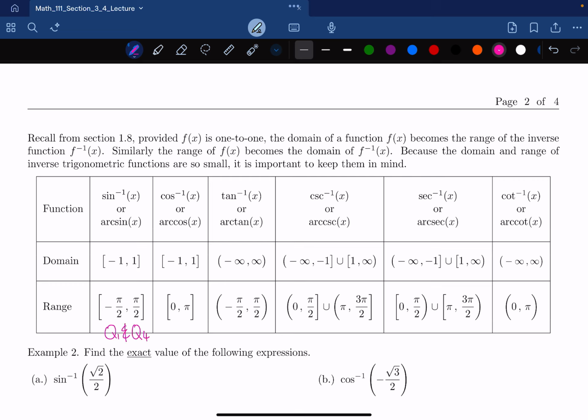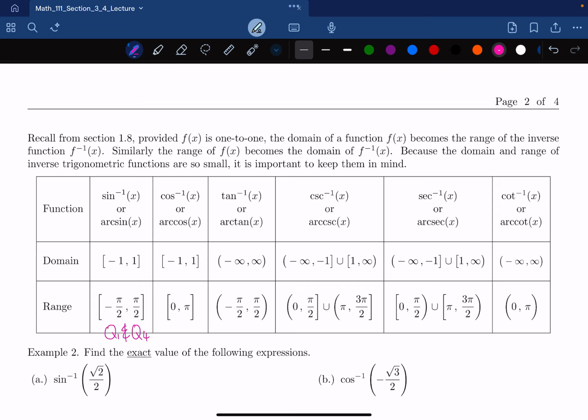The reason for that is because negative pi over 2 to 0 is quadrant 4, and 0 to pi over 2 is quadrant 1. So this really just gives you a range from quadrant 1 to quadrant 4. And all of these might be easier if you just remember the quadrants.